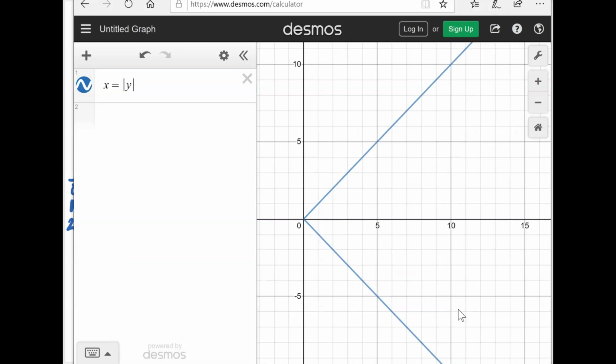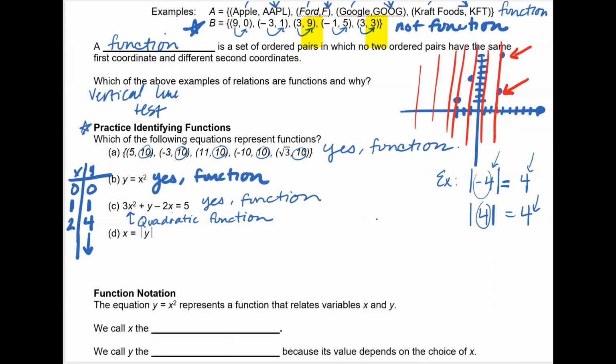If you look at this graph, it looks like a sideways V. You see how if I were to draw a vertical line, I would hit it here, and then I would also hit it here. Or for example, we can actually look at the coordinate pair. If I look at this mark right here on the x-axis, this is 1. I've got the point (1, 1), and I also have the point (1, -1). So there are two y values for the same x of x equals 1, and I'll write that down in the notes too.